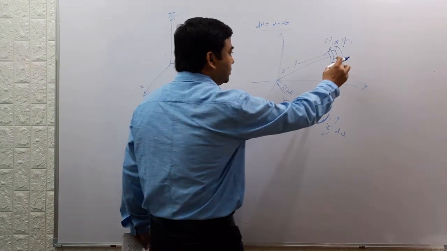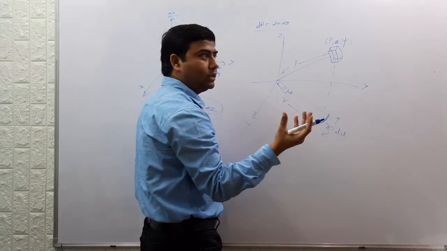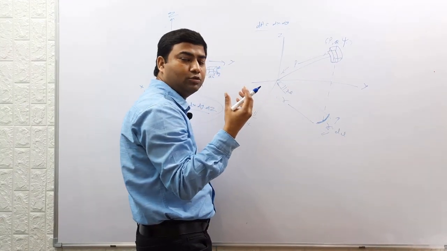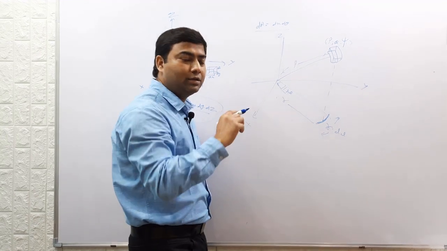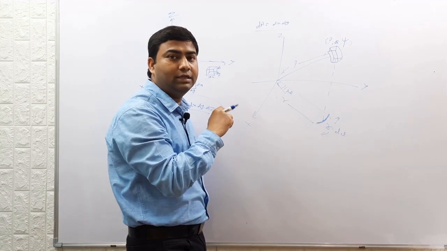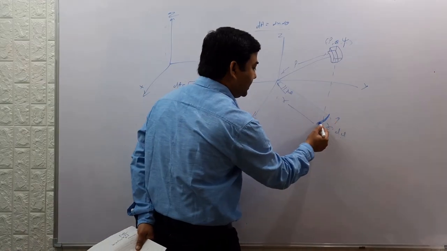Similarly, this will act as a small cuboid, but its shape is spherical. As it is very small, we are assuming it acts as a small cuboid. We want to find all three sides of this cuboid to find the dV in spherical form. r d theta is one side.